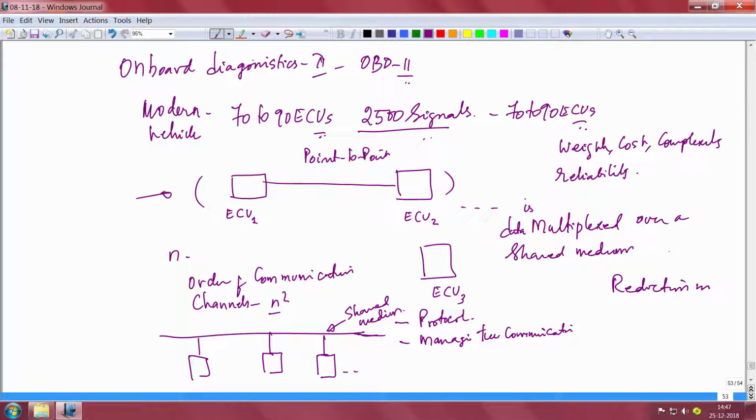Specifically the weight, reduction in weight due to what? The wiring harness.